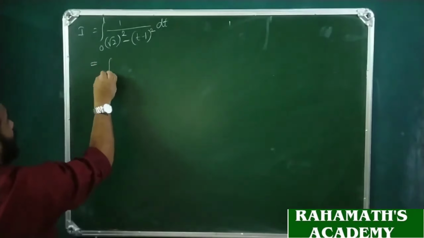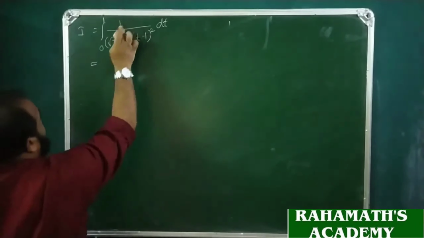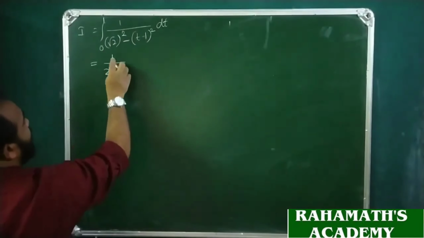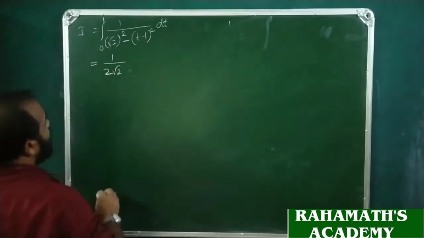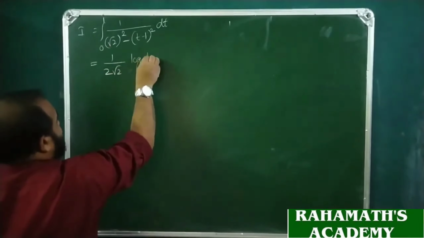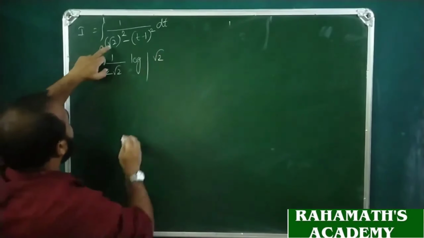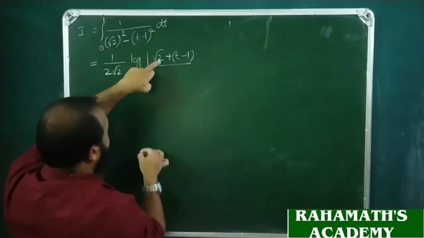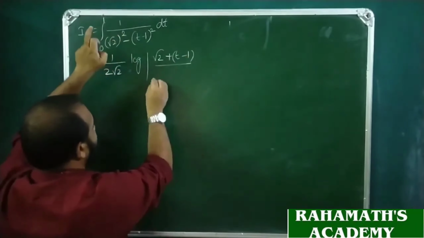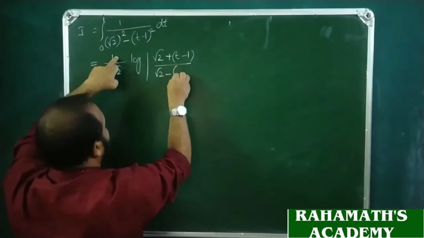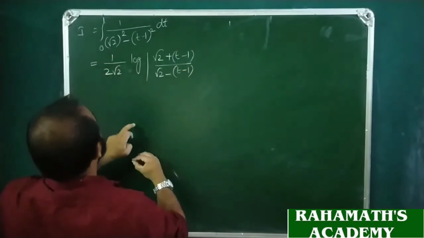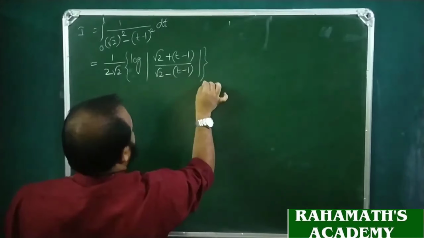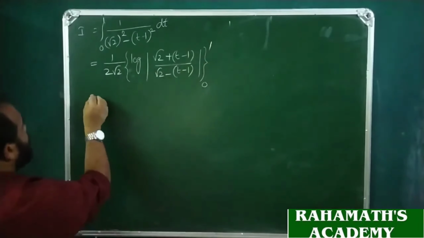So this is equal to 1 by 2, a is root 2, log of root 2 plus t minus 1 by root 2 minus of t minus 1. Since the process is over, 0 to 1 is to be written here.